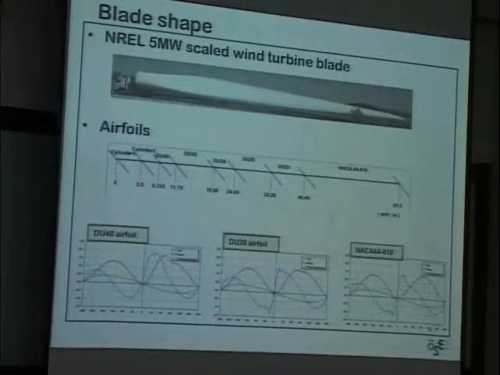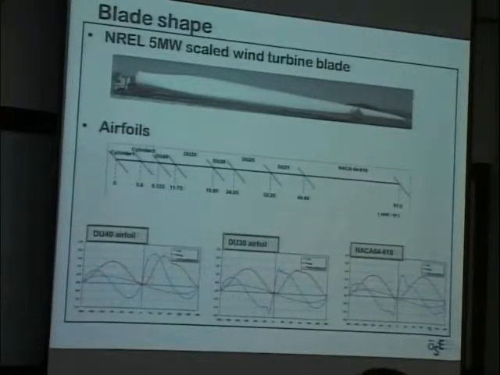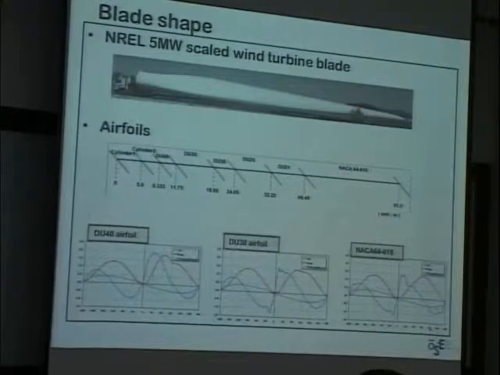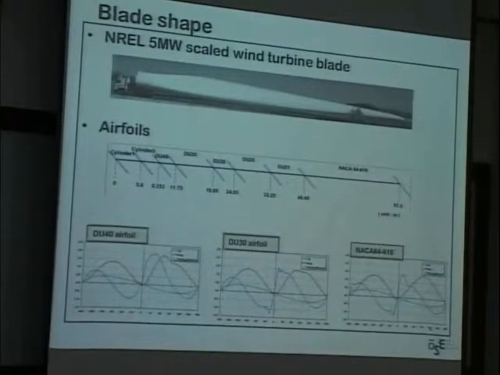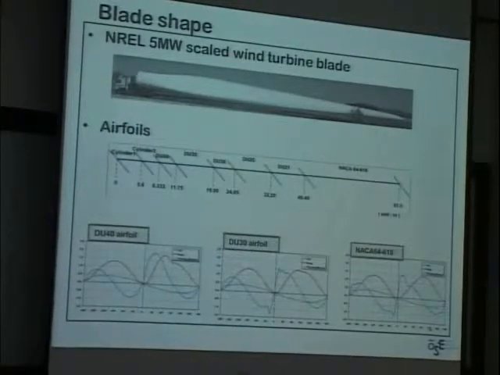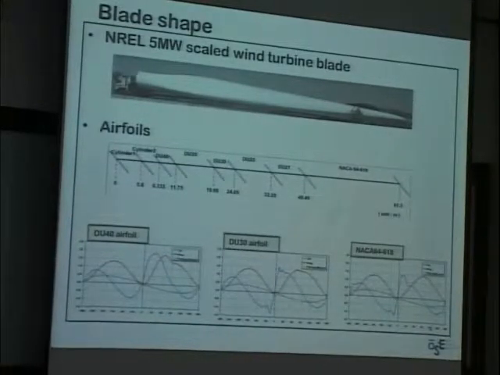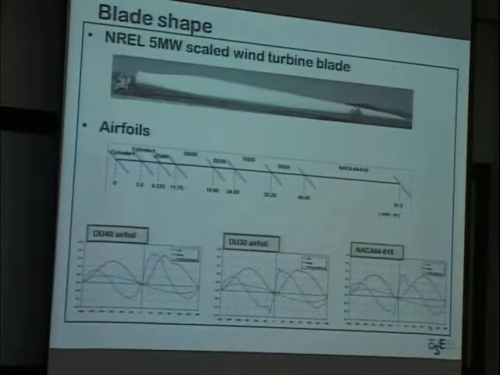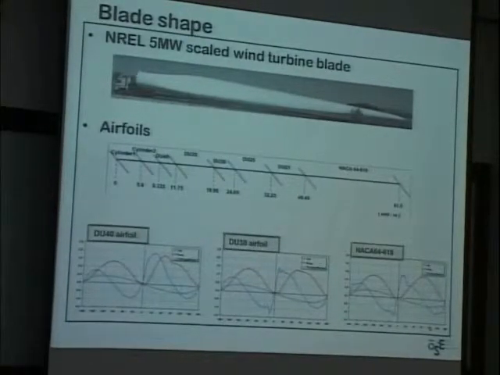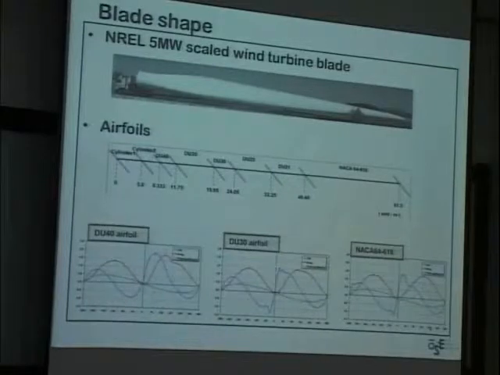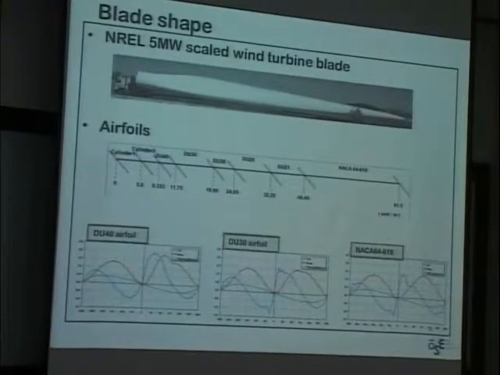Here you can see our concept along the blade. We will build our blade with 3 sections. One is the DU40L4, the middle part is DU30L4, and the rear part, the end part, is NACA 64.